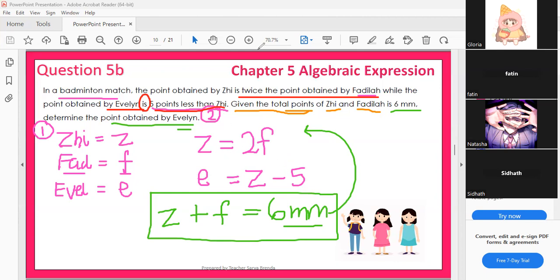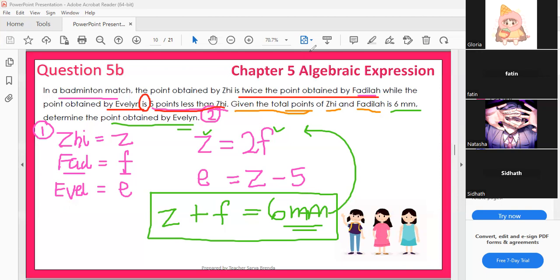What could F be? Come on. Think and see. Z plus Fadila gives you 6 points. But Z's points is equivalent to 2 times of Fadila's points. What could be Z's points and what could be Fadila's points? How would you do this?